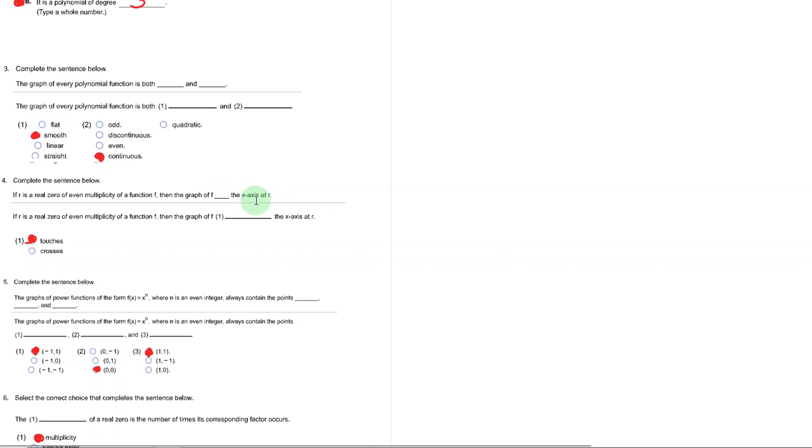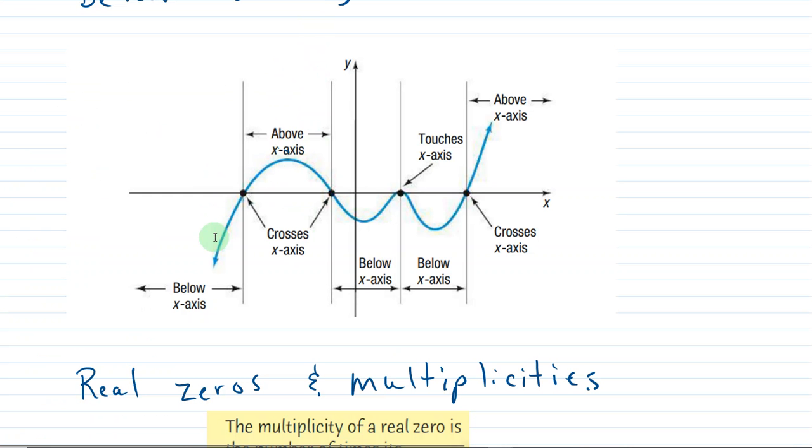Let's go back to the notes and look at something there. So here was a chart, and I didn't talk about it, but if we look at this function where it crosses the x-axis, that is odd roots. This shows that it would be an odd multiplicity.